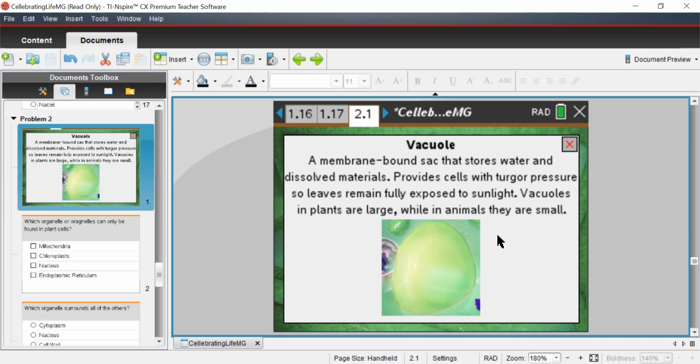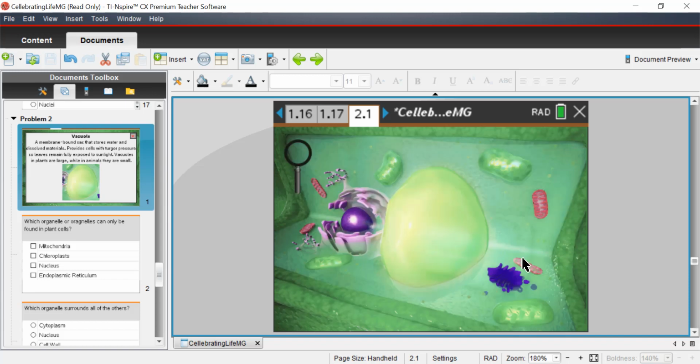Vacuoles exist in both animal and plant cells, however they are much bigger in plant cells because they regulate the amount of water inside a plant cell. The more water, the more rigid the leaf or the plant cell, and that's what helps leaves extend all the way out so they can capture as much sunlight as possible.